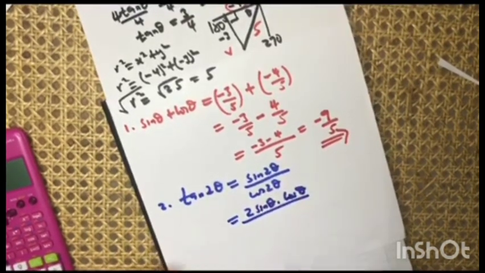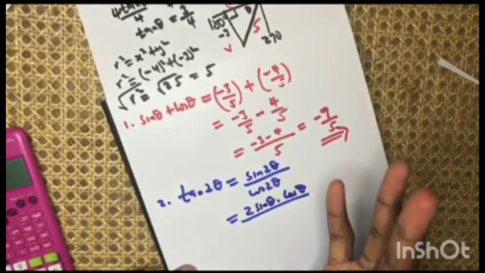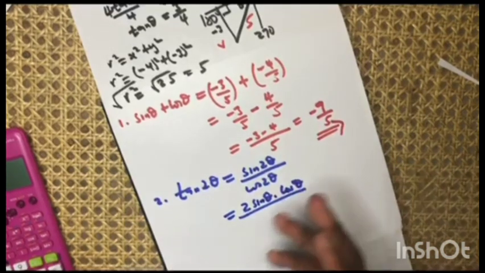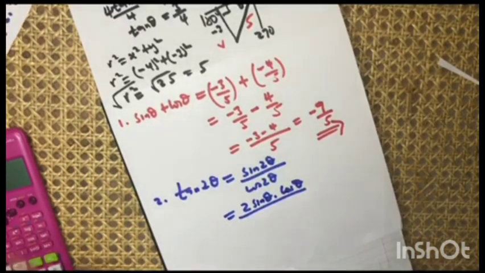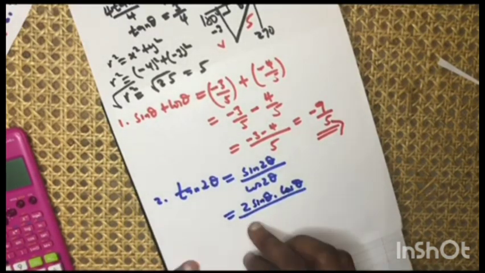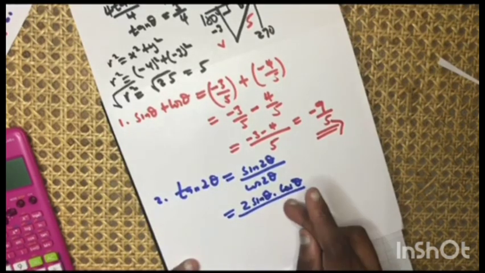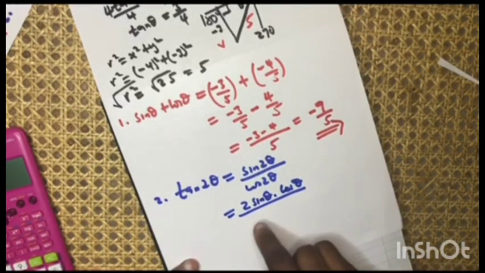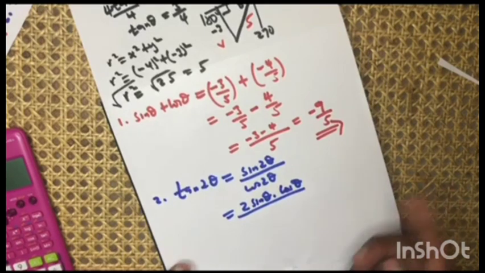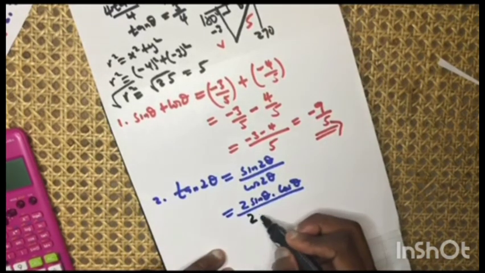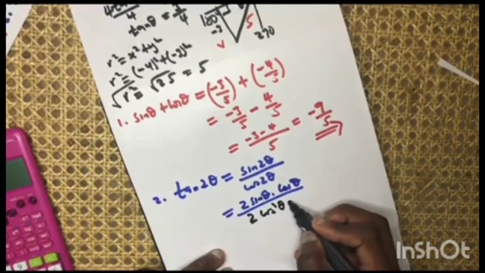So here cos 2 theta has 3 personalities. We can take maybe 2 cos squared theta minus 1, or you can take cos squared theta minus sine squared theta. So I'm going to take 2 cos squared theta minus 1.